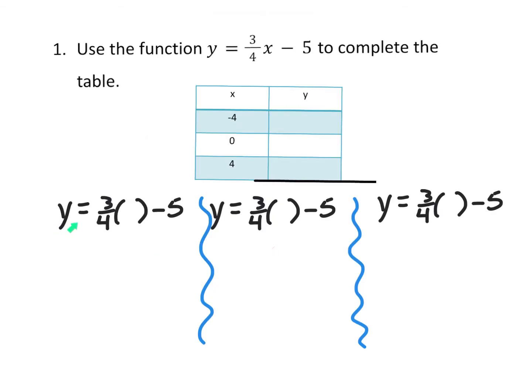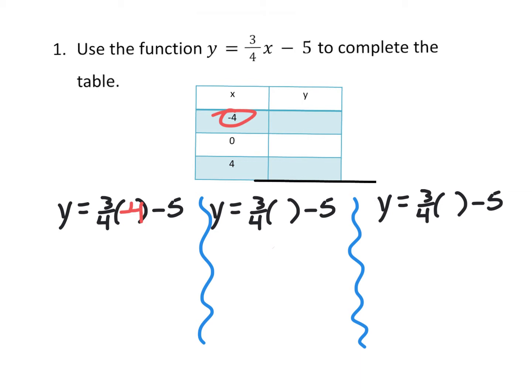So notice I've rewritten the function, or the equation, y equals 3/4 times x minus 5. So we're going to plug in an input, and we're going to work it out to get the output. We're going to do that 3 times because on our table here, we show a -4, a 0, and a 3. Okay, so let's start with the -4. I'm just going to plug it in. So now we have y equals 3/4 times -4 minus 5.